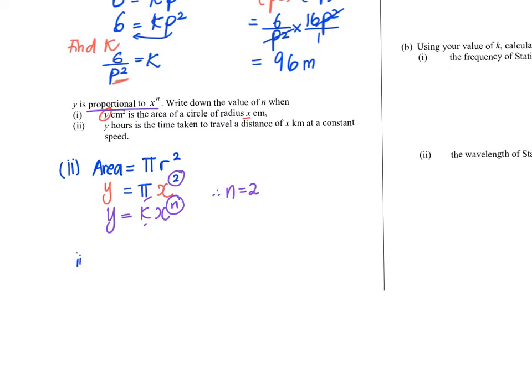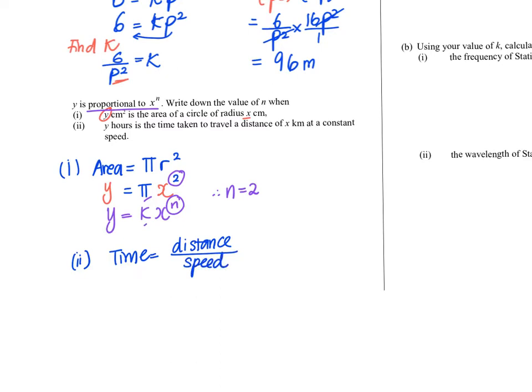Part 2. Okay, y is the time taken to travel a distance at a constant speed. So time equals distance divided by speed.